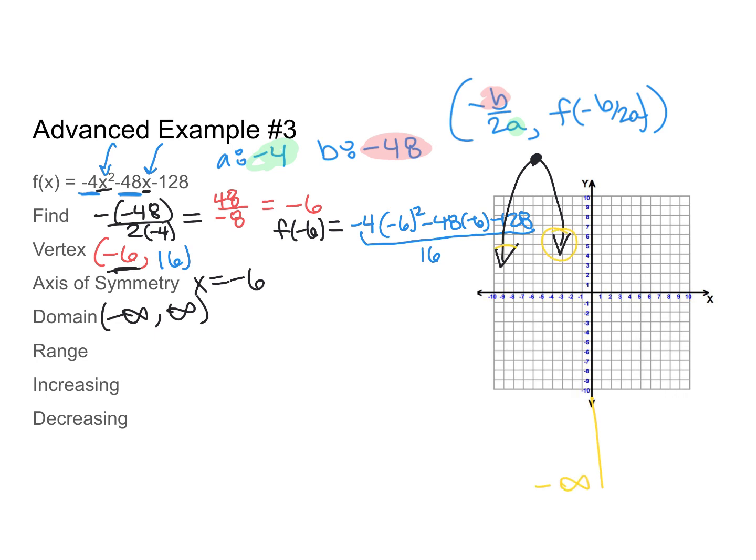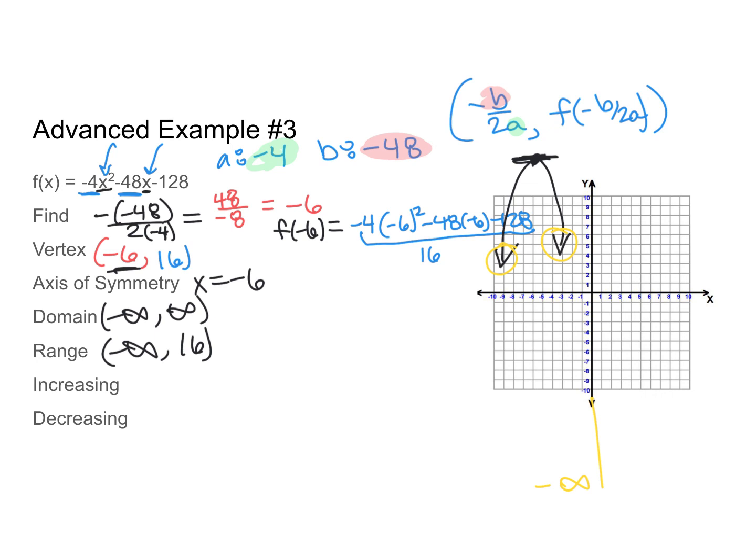This arrow does approach, I mean, it gets to -infinity. So -infinity is part of my range all the way to the highest value on my graph, which in this case is 16. So when it comes to my vertex, the vertex y coordinate will always help me with my range. I'll use that value in my range.